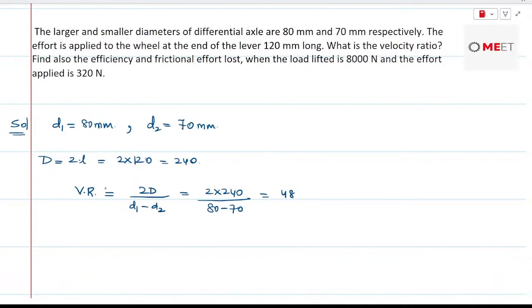Next, efficiency we need to determine, and the frictional effort lost is also to be determined.